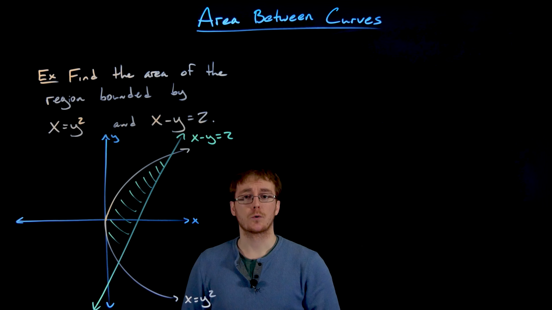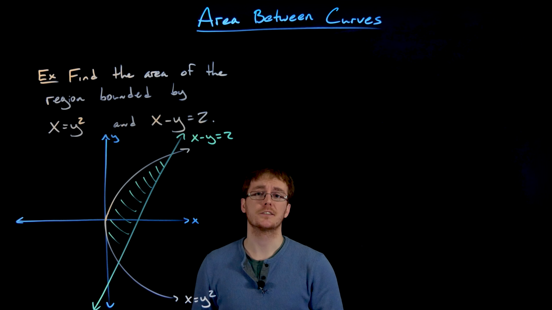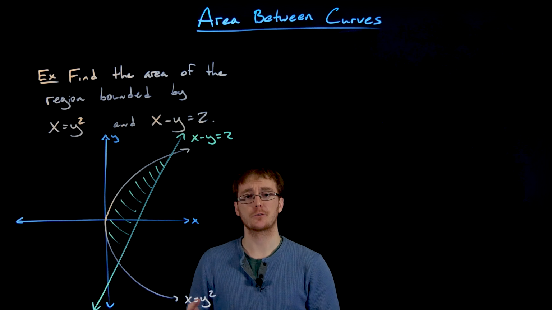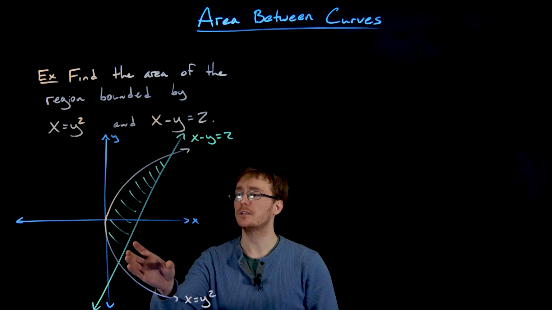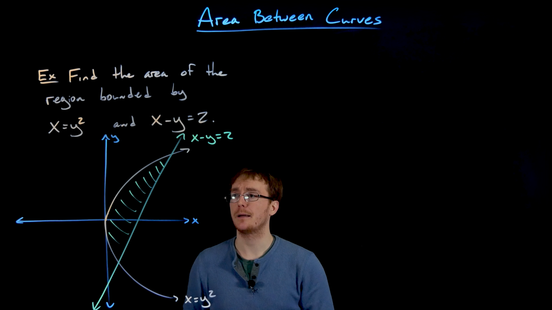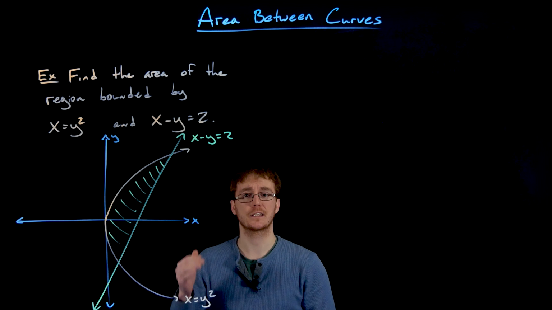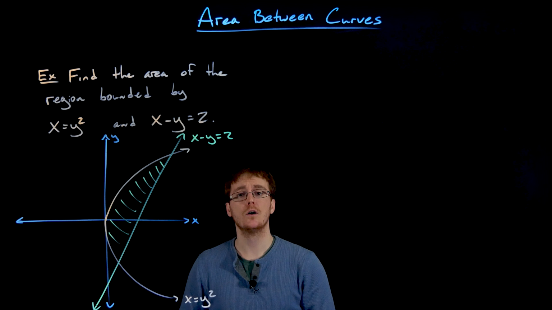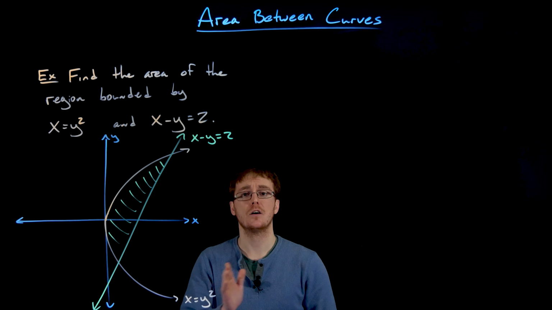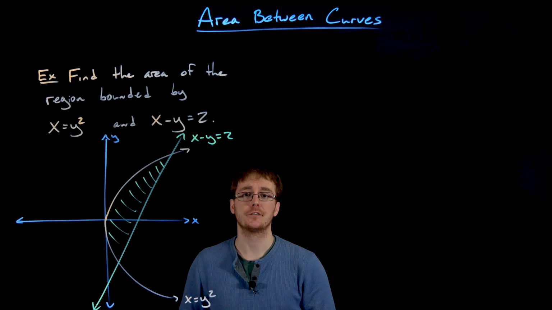So our next step towards making progress in this problem is deciding how we want to set our integral up that describes the area between these two curves. Is it going to be described with an integral with respect to x with a curve on top and a curve on bottom, or an integral with respect to y where we view our region as being bounded on the right and on the left?